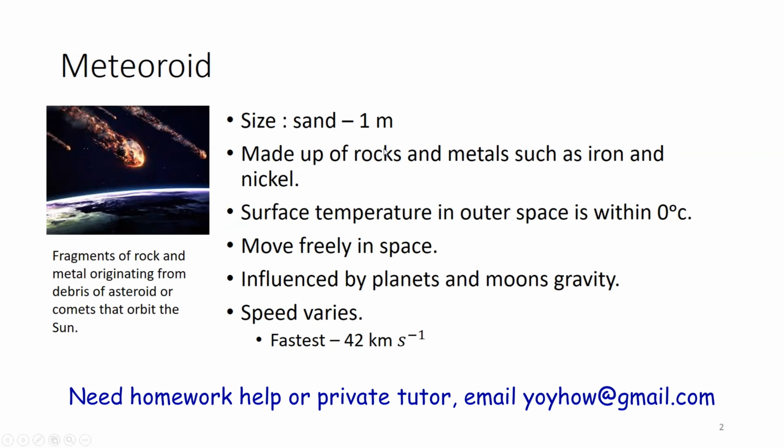The surface temperature in outer space is within 0 degrees Celsius. One thing we have to pay attention to is that, compared to other bodies in the solar system, the meteorite is the one that can move freely in space.